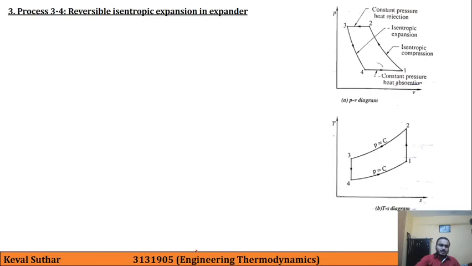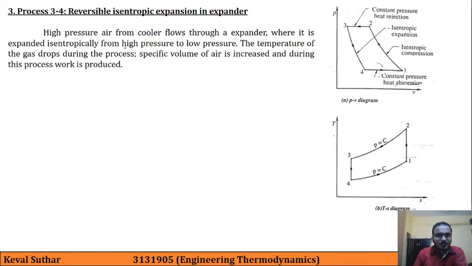Now the third process is process 3 to 4, which is reversible isentropic expansion in the expander. So here high pressure air from the cooler, that is the condenser, passes through the expander where it is expanded isentropically from high pressure to low pressure.